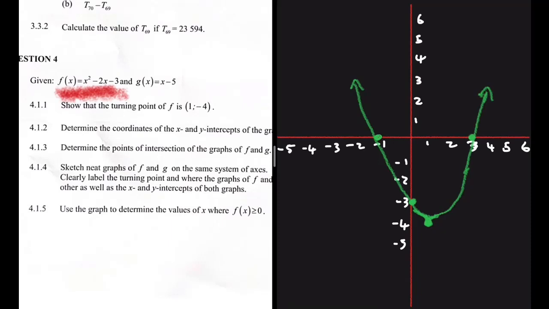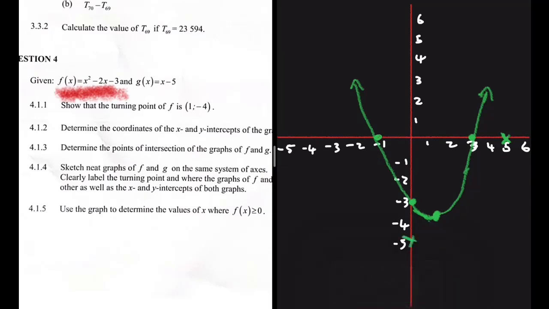And then now g of x, we have an x-intercept when x is equal to 5. So right here we have an x-intercept, and then we have another coordinate, the y-intercept at y is equal to -5. So right here, right?